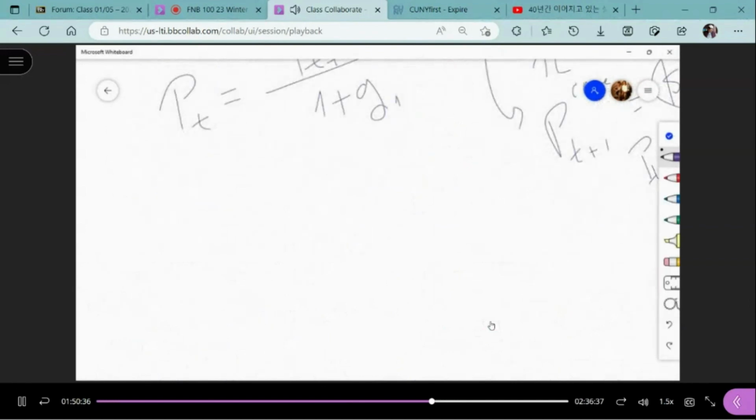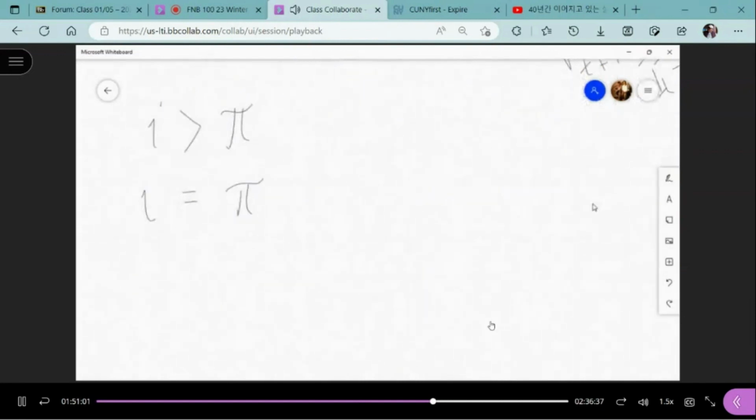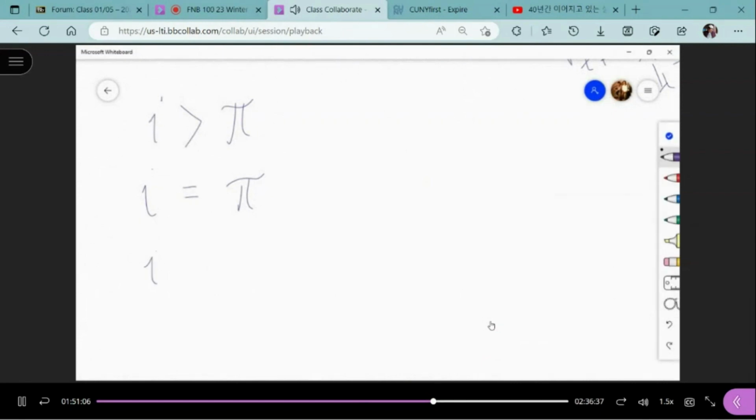As I said, the interest rate can be greater than inflation, or it can be equal to inflation, or it can be less than inflation.